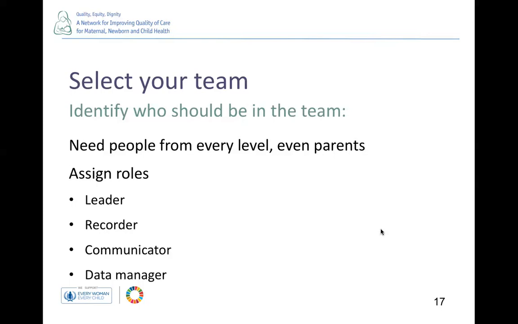We need a communicator, who communicates and liaises among other team members. In addition, we need a data manager, or this role can be taken by one of the team members, who collects and analyzes data to determine if there is resulting improvement.